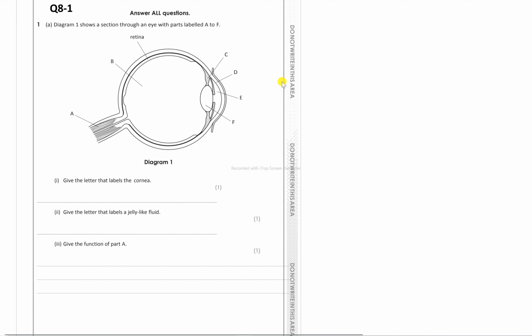Right, you've got all this going on. Let's go through this. A is what? The retina. I'll have to look up B. Okay, that's the retina.